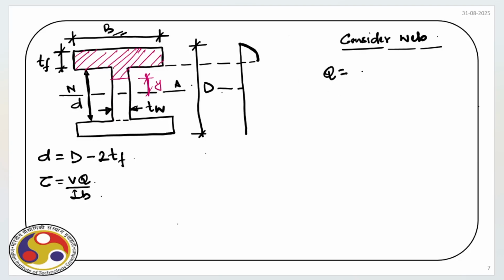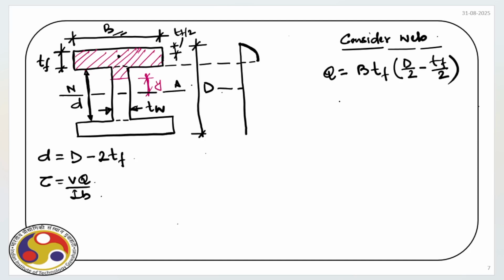So let us work out Q. For Q we have two segments. First, the flange part. For that we have width B times TF times the CG. So we divide this into two segments. So the CG of the flange is at a distance TF by 2 from the top. So we have D by 2 minus TF by 2.